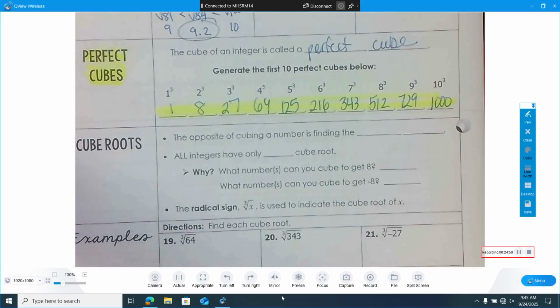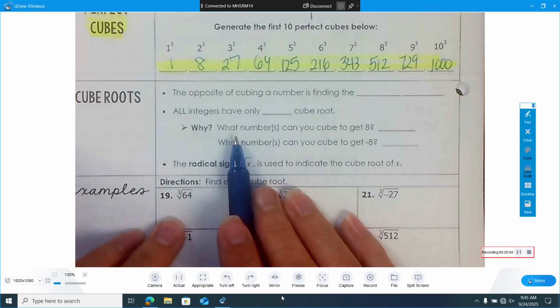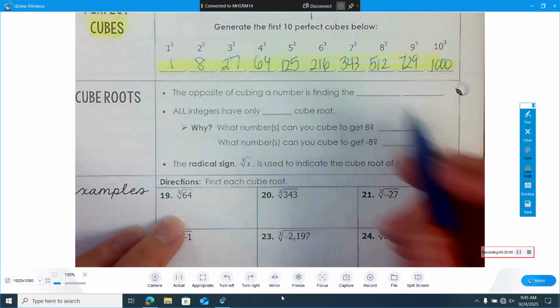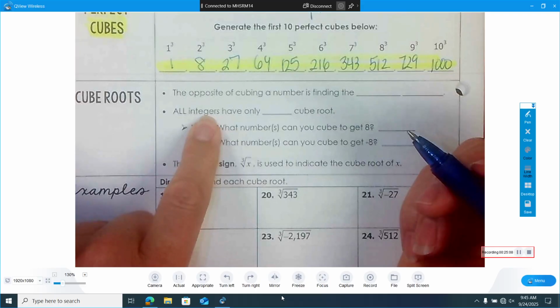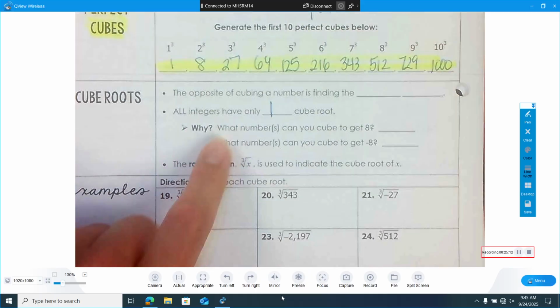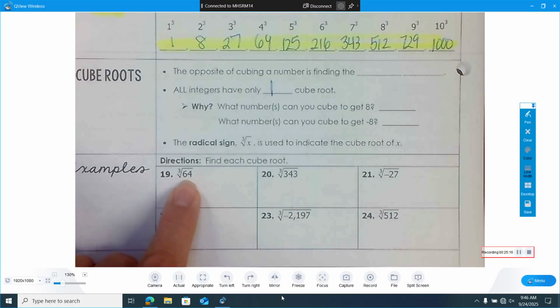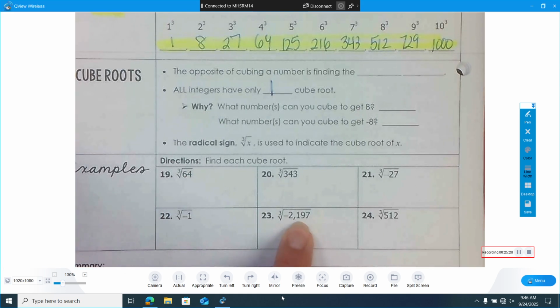All right. It turns out that perfect cubes can be positive or negative. All integers, positive and negative numbers, have one cube root. We can take the cube root of a positive number and we can take the cube root of a negative number.